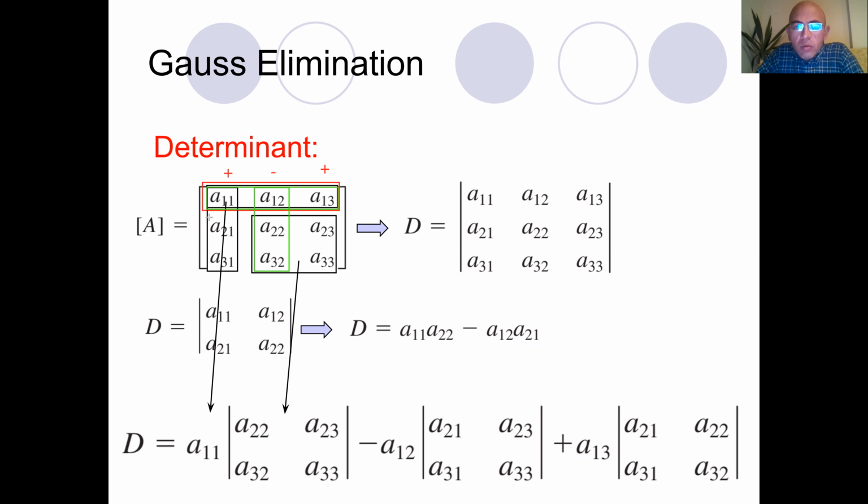Now I have a matrix here, A12, A13, A32, and A33. And I take this matrix. Then I multiply it with the A21. Now I have the minus sign for this operation and I put it here.